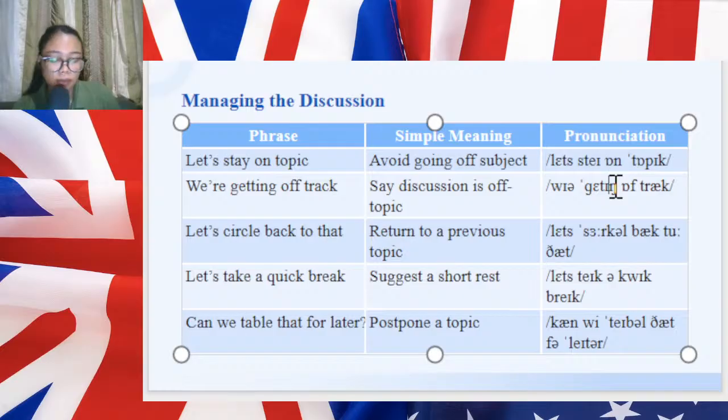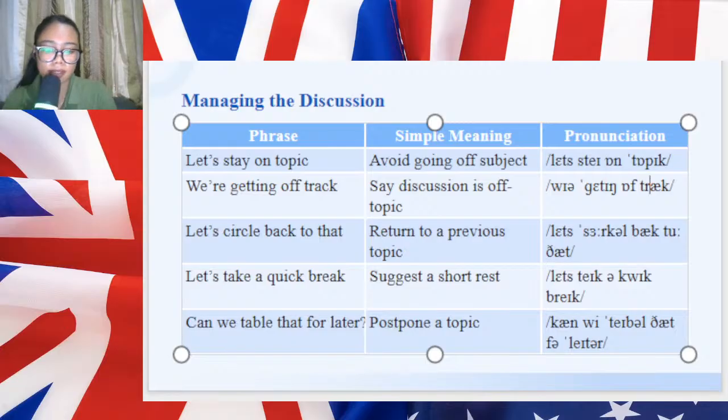It ends with an NG sound, the one with the symbol N with a tail. And then off, short vowel sound still. And then track, still short vowel sound. Okay? So you do that. We're getting off track. We're getting off track. All right.